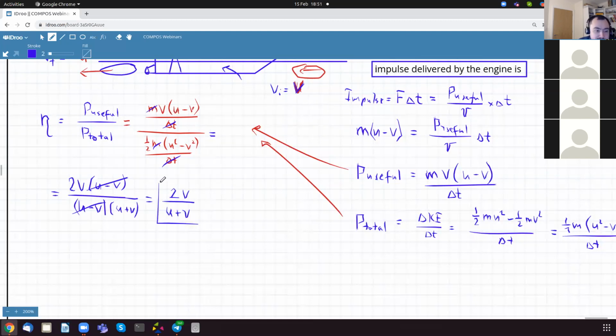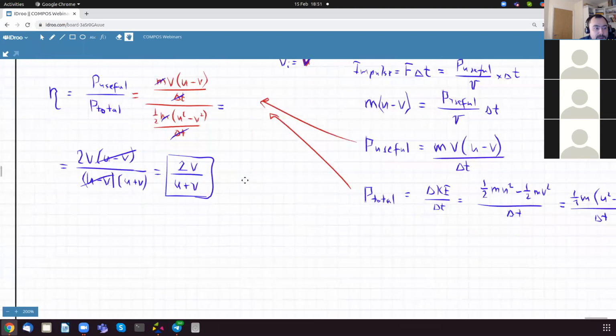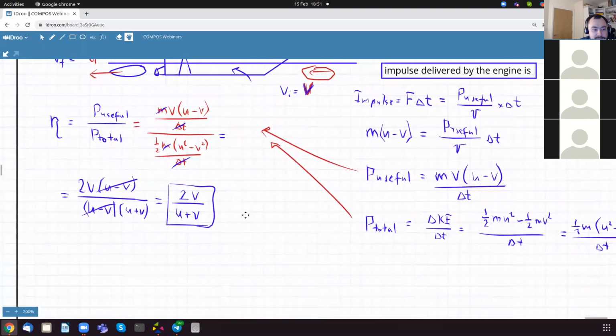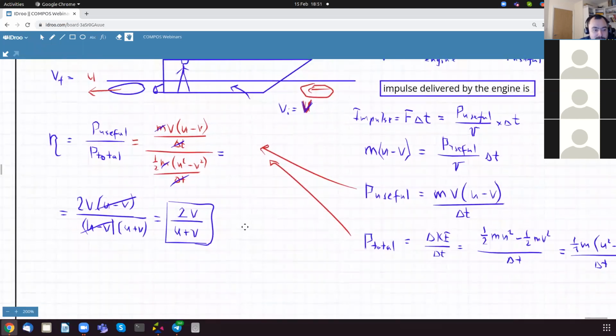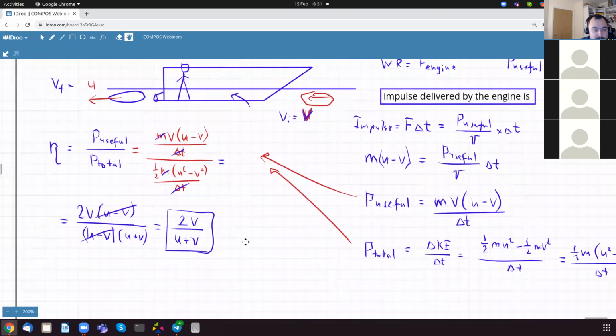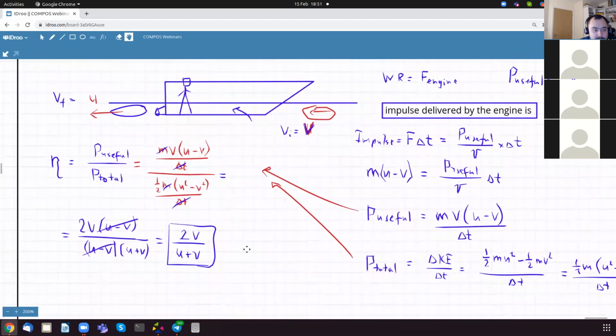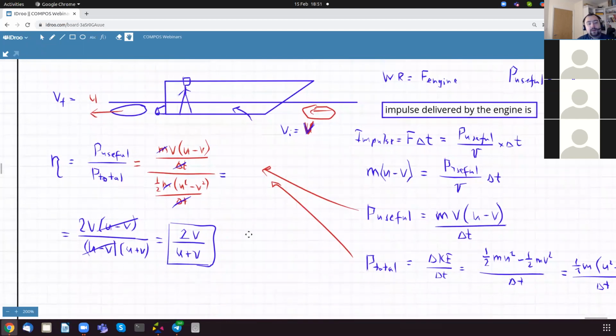That's the efficiency. Okay, that's the efficiency of the engine.